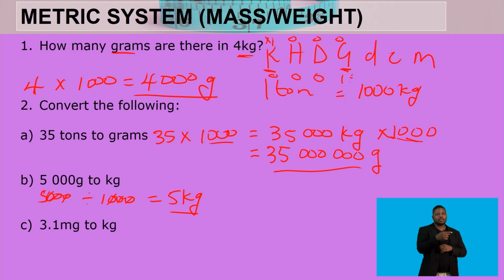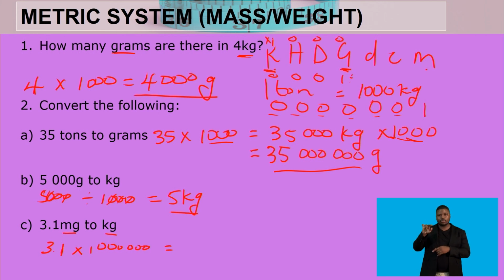Then we've got 3.1 milligrams to kilograms. From a milligram to a kilogram, it means you will put a 1 here, then you put zeros up until where you are going. So how many zeros do we have? 1, 2, 3, 4, 5, 6. We know 6 zeros gives us a million. So it means we're going to say 3.1 multiplied by 1 million.